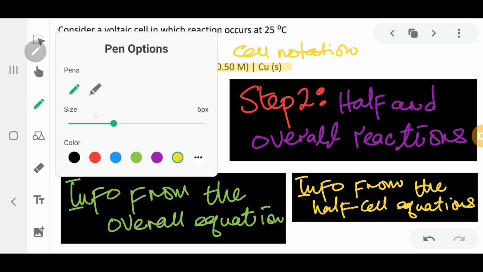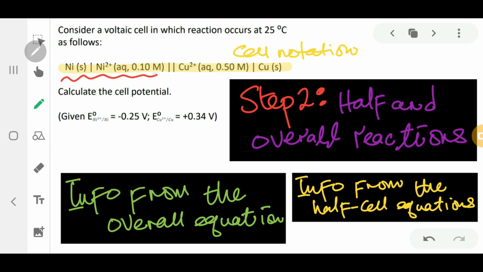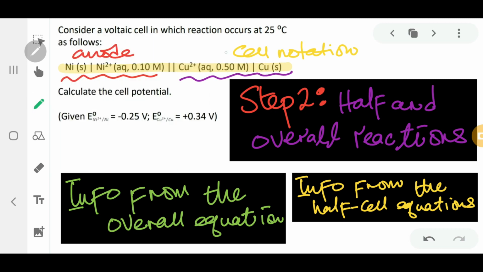Do remember that on this side, this is the anode, and on that side, that is your cathode. So how are we going to write the half and overall reactions?